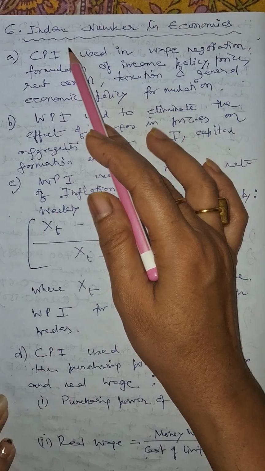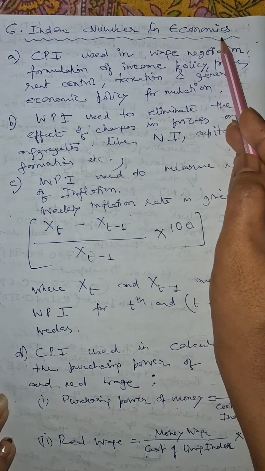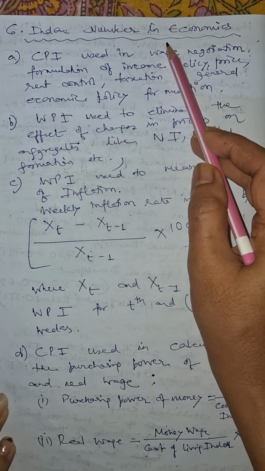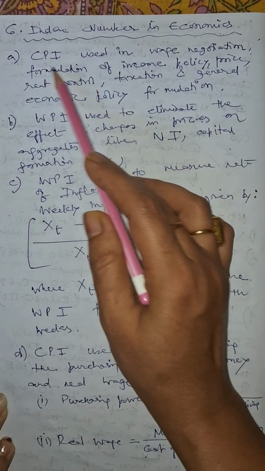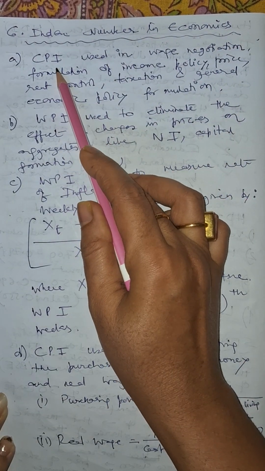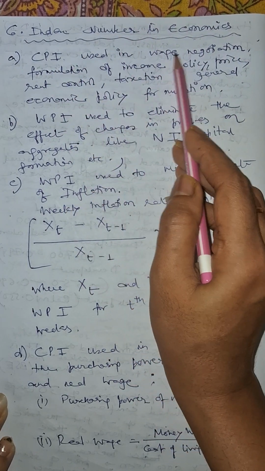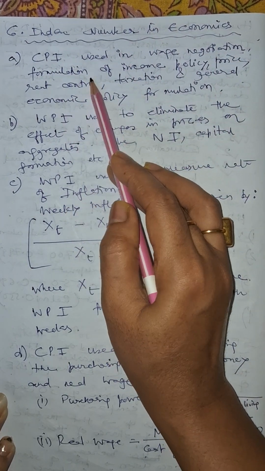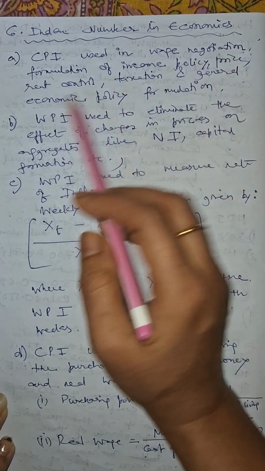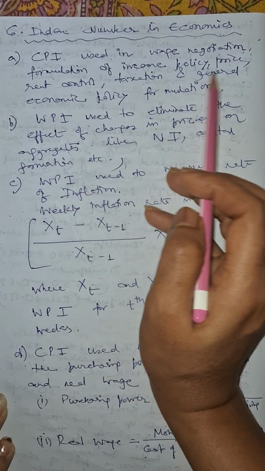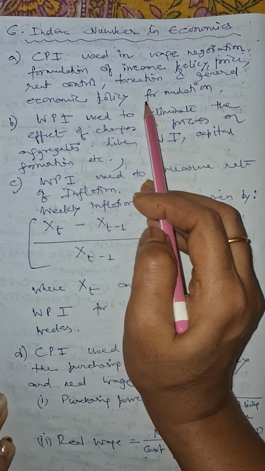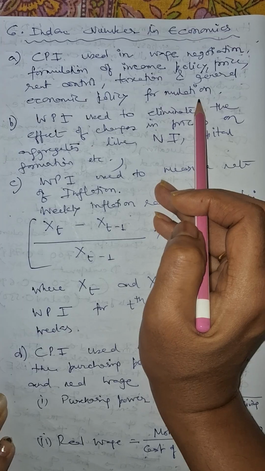Now we come to the next part, which is index numbers in economics. Where are index numbers used in economics? The CPI, or consumer price index, is used in wage negotiation, formulation of income policy, price policy, rent control, taxation and general economic policy formulation.